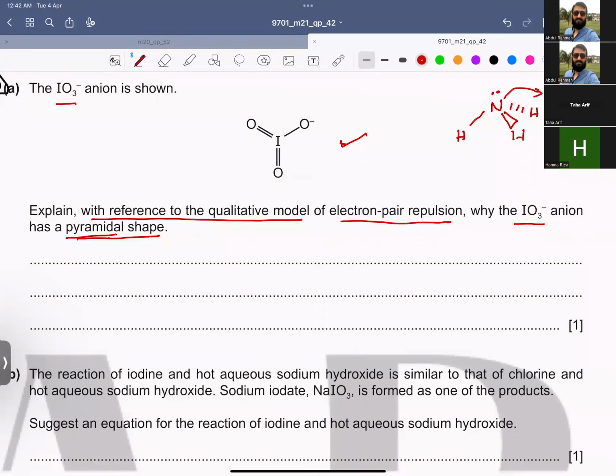So let's have a look at iodine over here. This is one bond pair, this is the second bond pair and this is the third bond pair. So it has 3 bond pairs. And when we talk about the lone pair, if you look in the periodic table, iodine is from group 17 or group 7, which means there are 7 valence electrons.